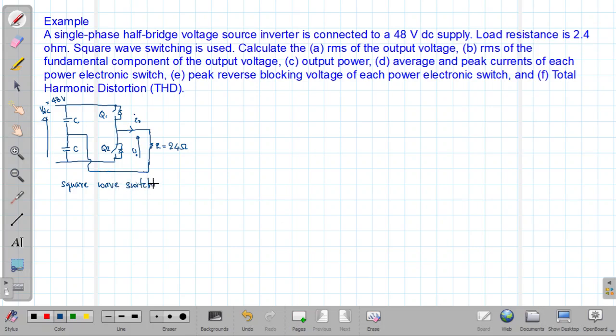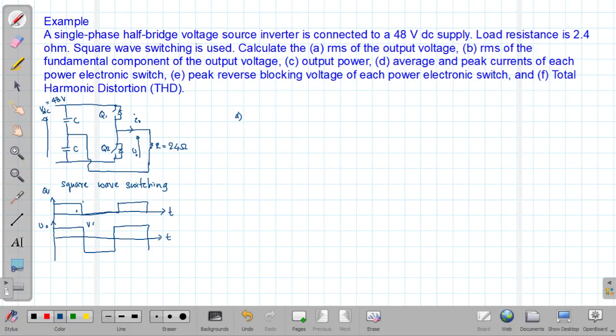If we recall our theory, when we do the square wave switching, what you would get at the output is, if we draw the waveforms, if we take Q1 as 1, 0 in this form, 1, 0, then when we switch the waveform, we have Vout, which is going to be in this manner.